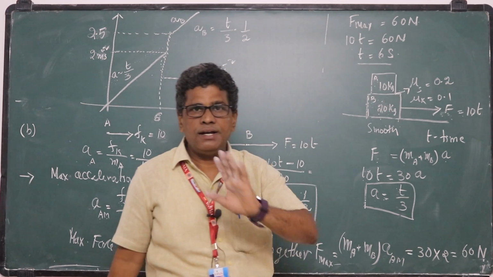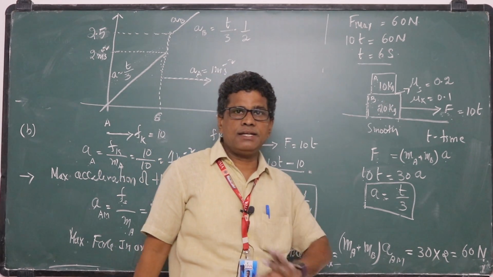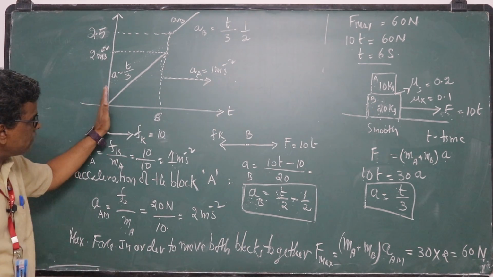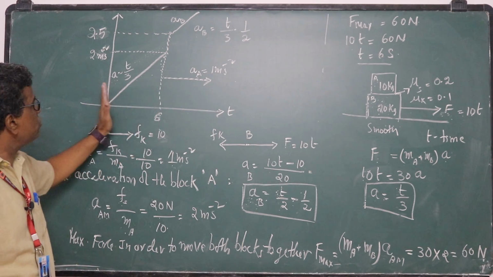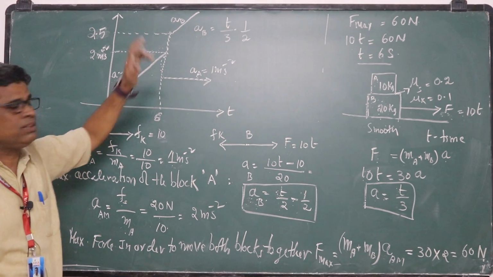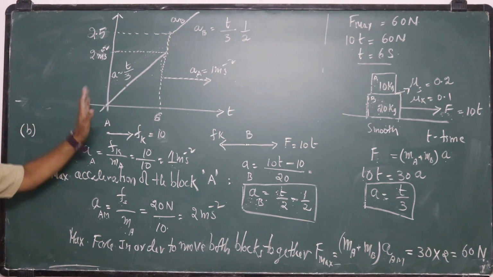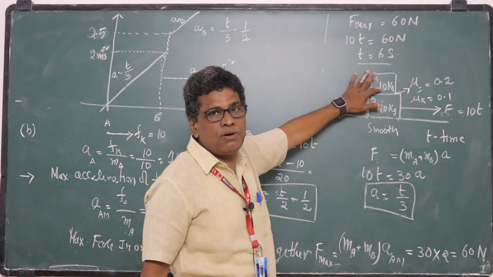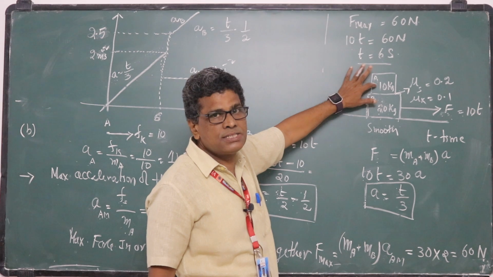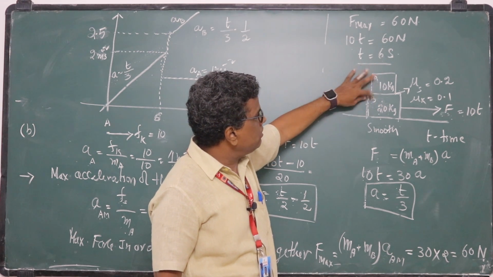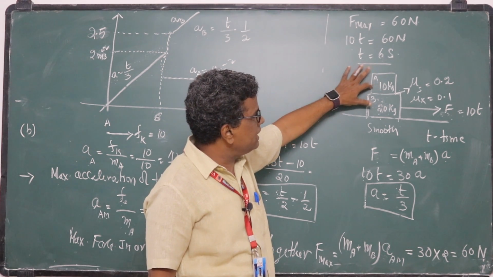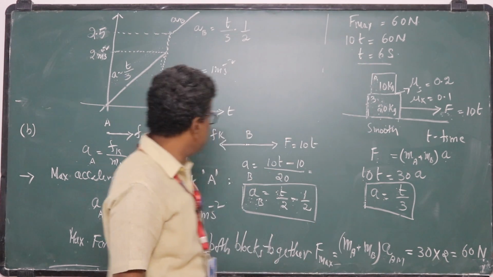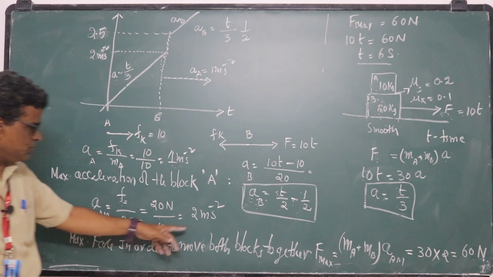Once again I will explain, so listen carefully. From 0 up to 6 seconds, both blocks will move together with variable acceleration t by 3. This block sticks to the other block with the help of frictional force, since it does not slide on block A. What is the maximum possible acceleration of block A? 2.